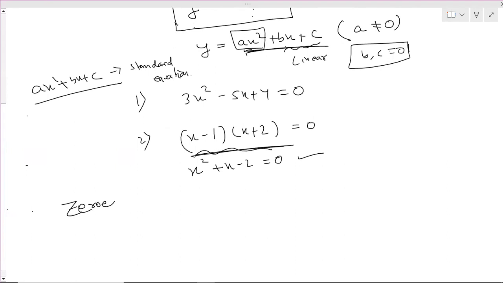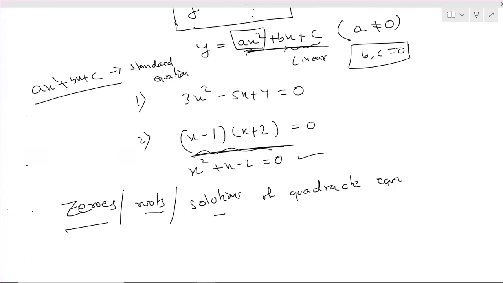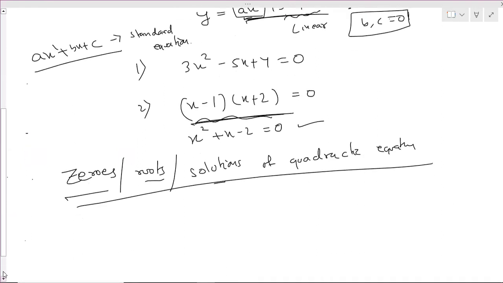Zeros or roots or solutions all mean the same thing. Zeros of a quadratic equation. What do we mean by 0?